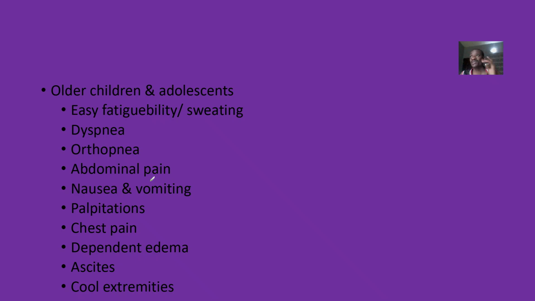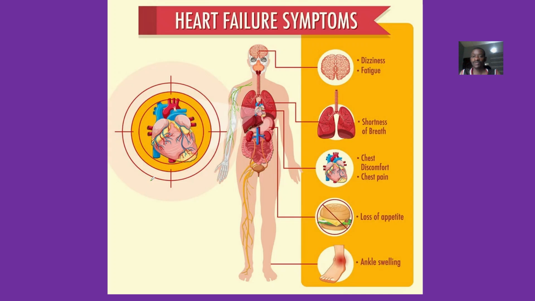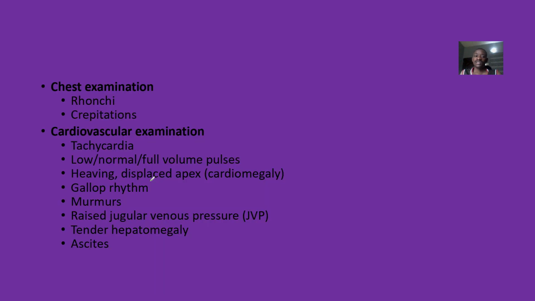When they lie down, there's difficulty in breathing, that's orthopnea, abdominal pain, nausea and vomiting, palpitations, chest pains, dependent edema, ascites, cool extremities. Okay, so on chest examination, there's a whole lot of crepitations.